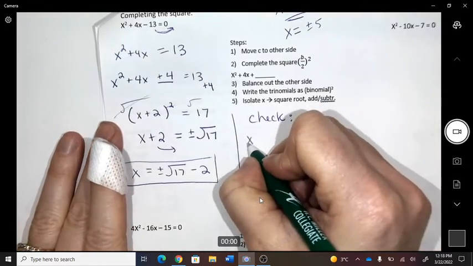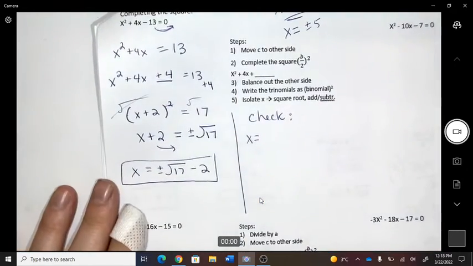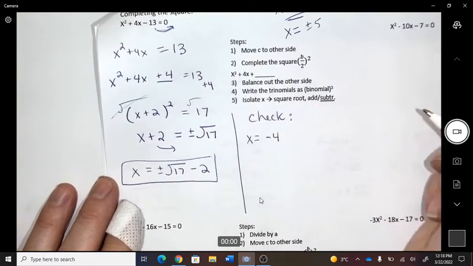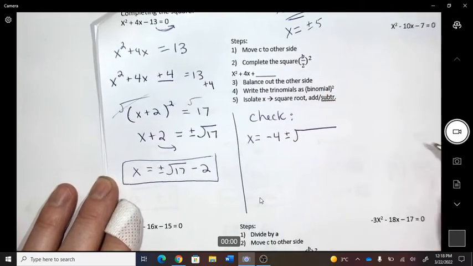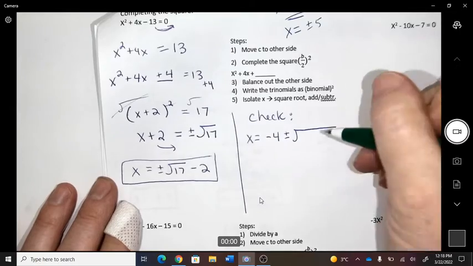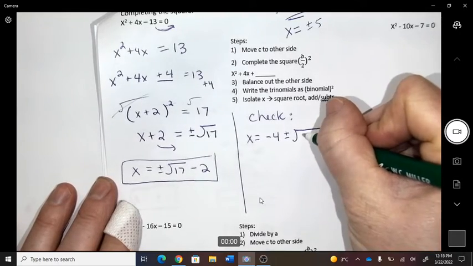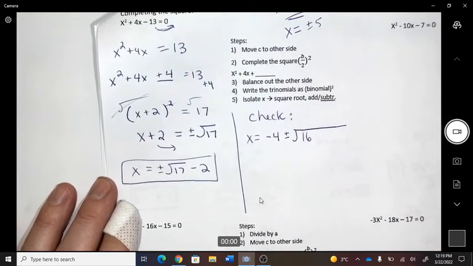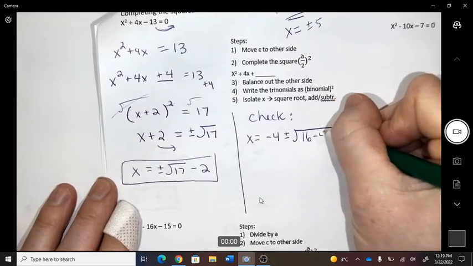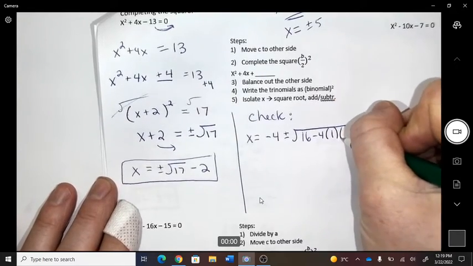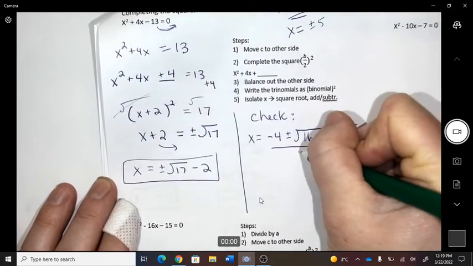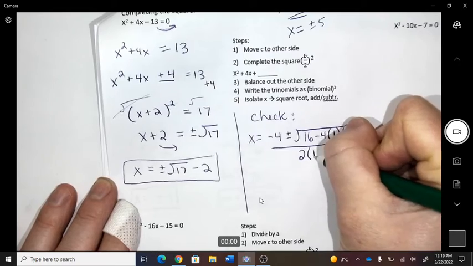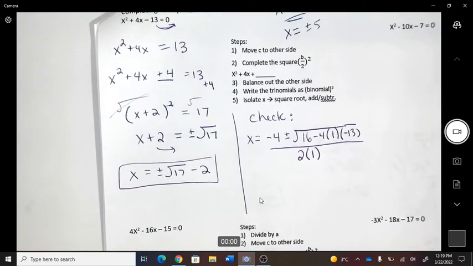X equals negative b, so negative 4, plus or minus the square root of b squared, so 16, subtract 4 bracket 1 bracket negative 13, all over 2 bracket 1.